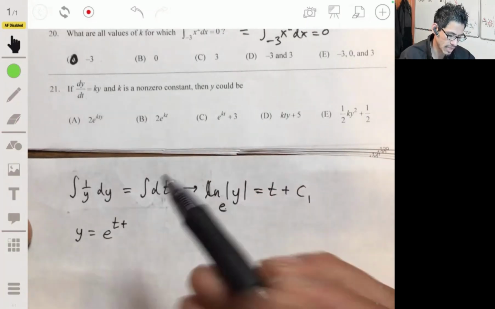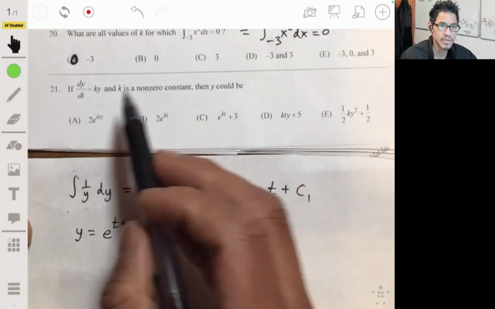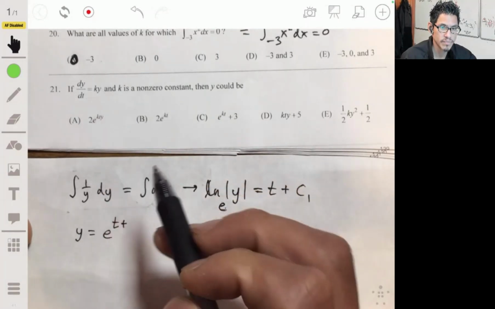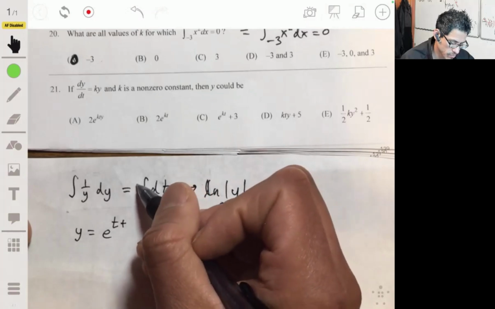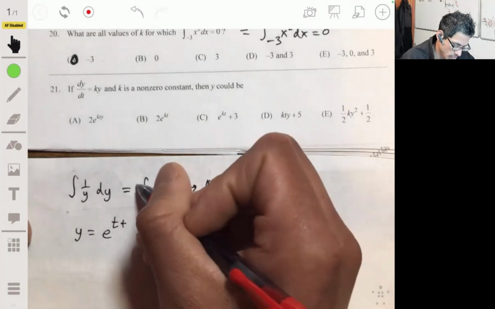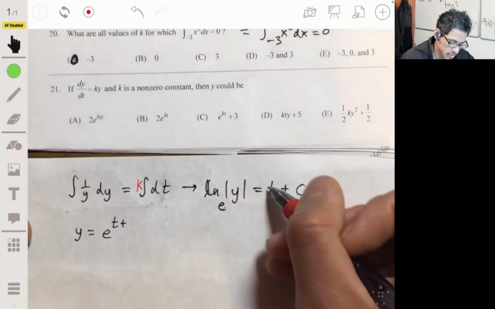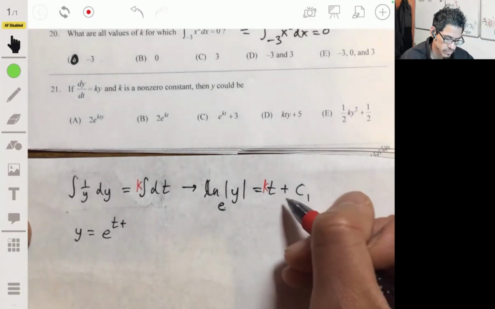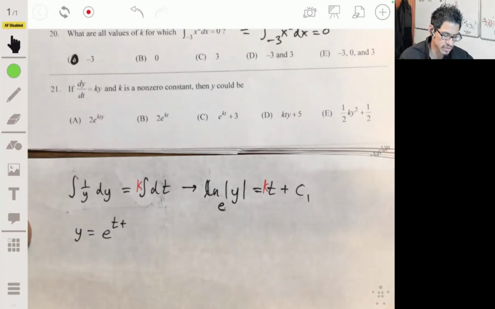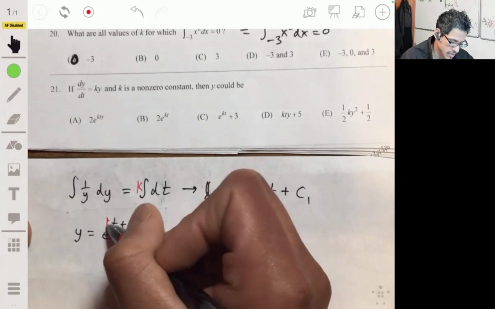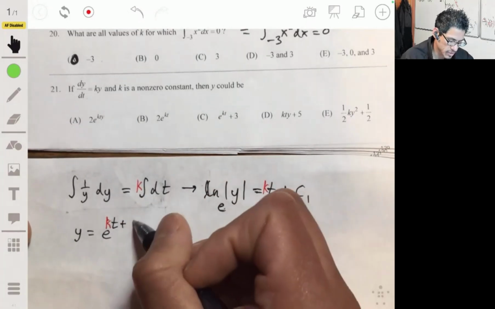Oh, I forgot, and it's actually ky. So throwing this back into here, we can do k dt, and this will be kt. Let's see, the constant doesn't matter because it's just a constant times a constant, which gives you a constant. So then we would get e to the kt plus c1.